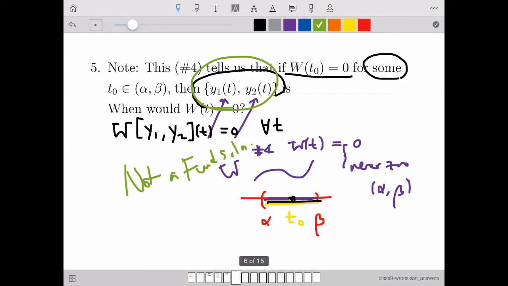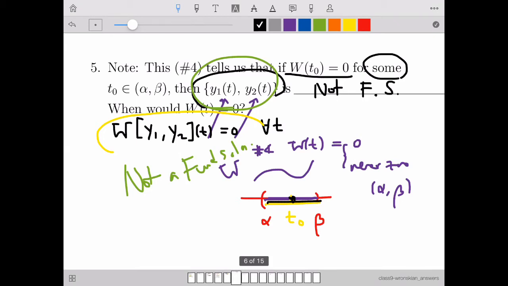We said if the Wronskian is not 0, then it is a fundamental set of solutions, but the Wronskian is 0, so they cannot be a fundamental set of solutions.